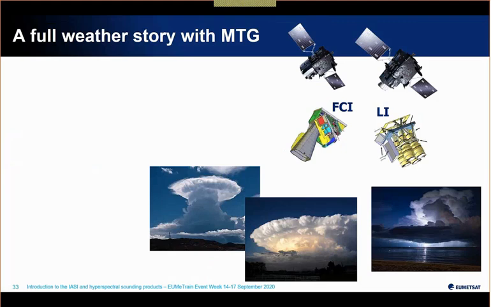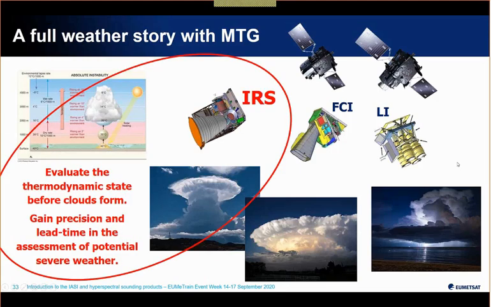Okay, so just to complete the introduction on MTG, you are used to monitoring weather development as soon as the cloud has formed with imagers, and the follow-up of SEVIRI on MTG will be FCI. When lightning is triggered, the lightning imager will be able to see that. And with IRS, we expect to evaluate the thermodynamic state before the clouds form, and hence to gain precision and lead time in the assessment of potential severe weather.